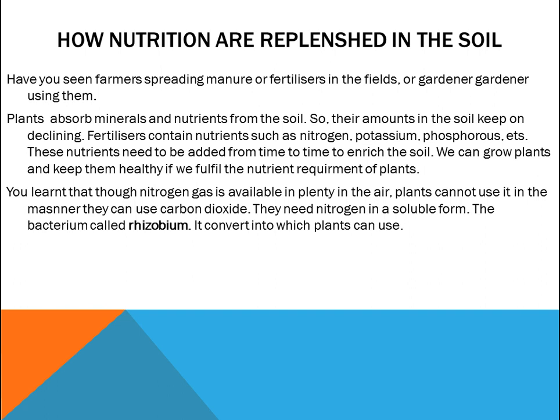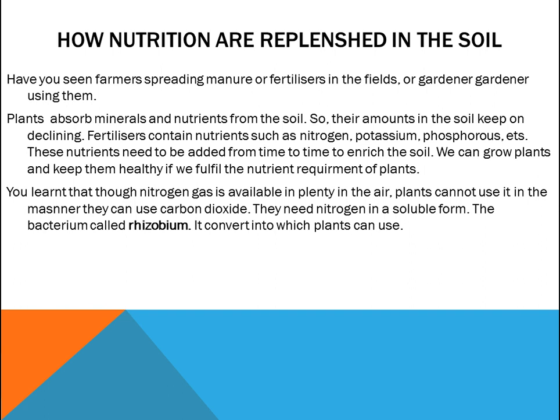Fertilizers contain nutrients such as nitrogen, potassium, phosphorus, etc. These nutrients need to be added from time to time to enrich the soil. We can grow plants and keep them healthy if we fulfill the nutrient requirement of plants. We put potassium and nitrogen because they are necessary for plants.